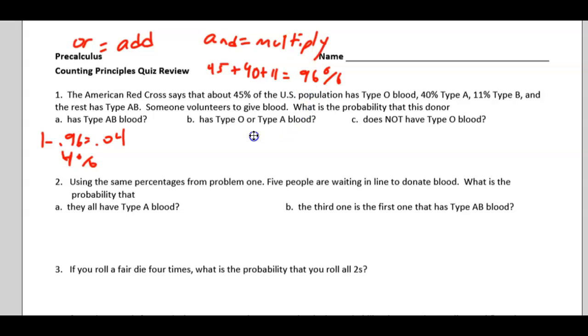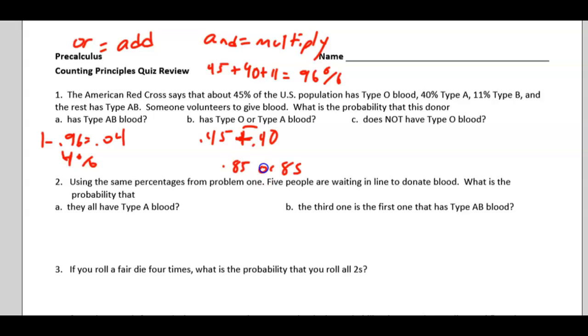So type O is 45 or 0.45, type A is 40 or 0.4, and or means add.